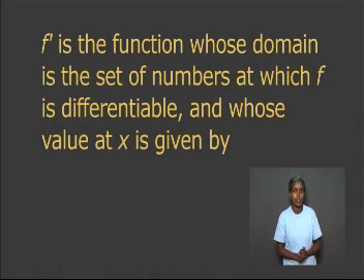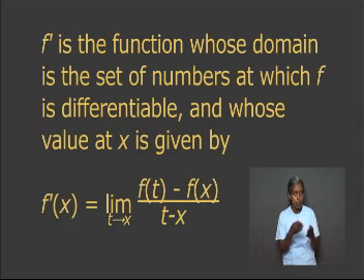Its value at x is given by f prime of x equals the limit of (f(t) minus f(x)) over (t minus x) as t approaches x.